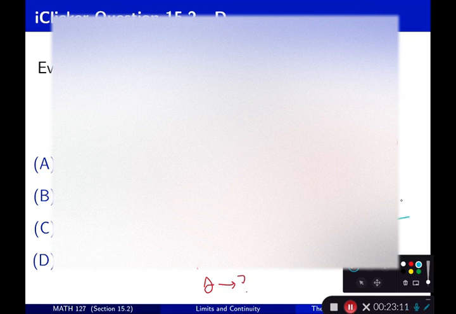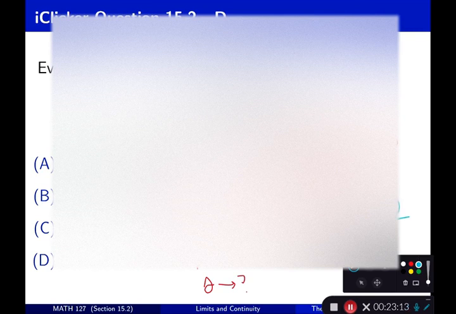So what you're left with is 6r cosine to the power 3 of theta and sine to the power 2 theta. Okay, so my question is this thing bounded?